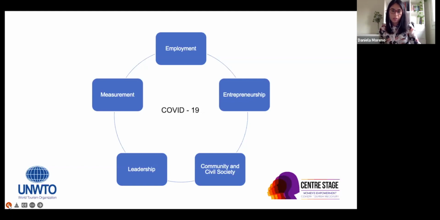When I work on leadership in tourism, I like to work quite a lot based on what I call the quality of participation. What do I mean by this? First, this is the level of participation of women and men in an action. Who is participating more?